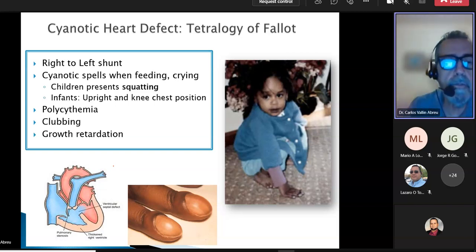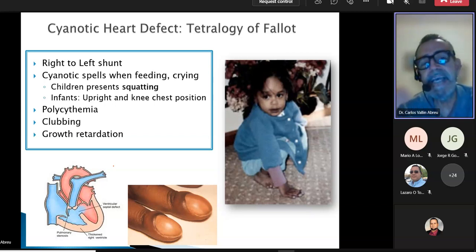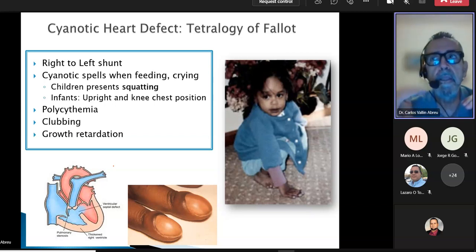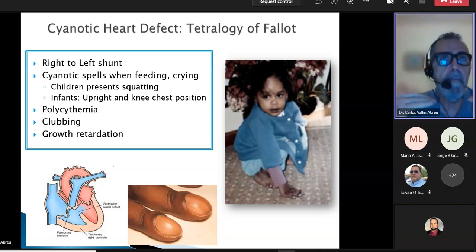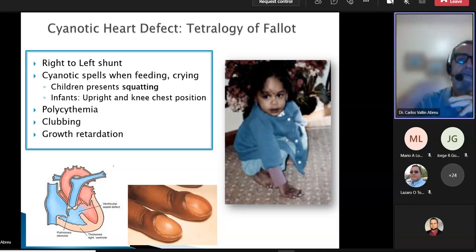And also you are going to notice that to compensate, the bone marrow produces more red blood cells. So the hemoglobin and the hematocrit of those clients are higher than normal. English question: how is the hematocrit in a patient that has cyanosis?